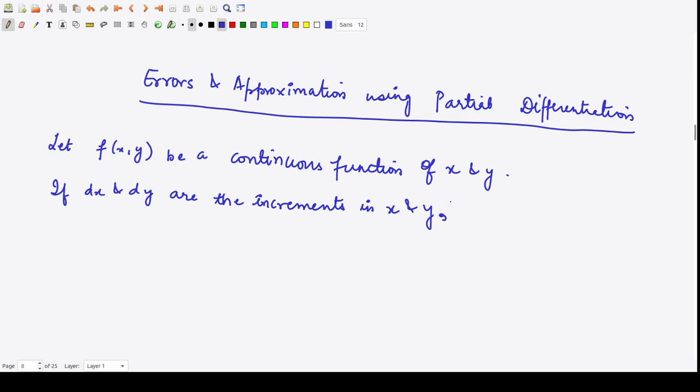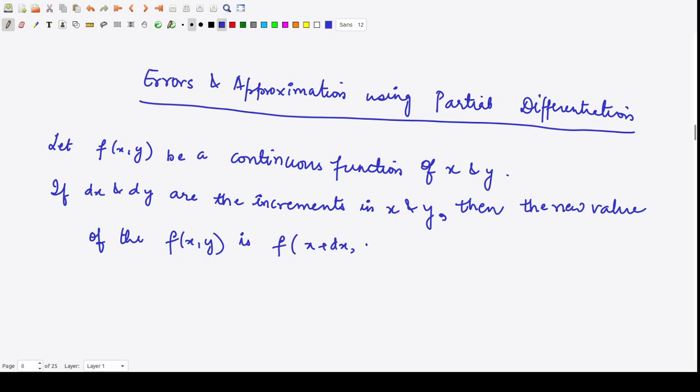Then the new value of the function f of x, y would be f of x plus dx, y plus dy. So whenever you change x to x plus dx and y to y plus dy, your function's value is going to change.